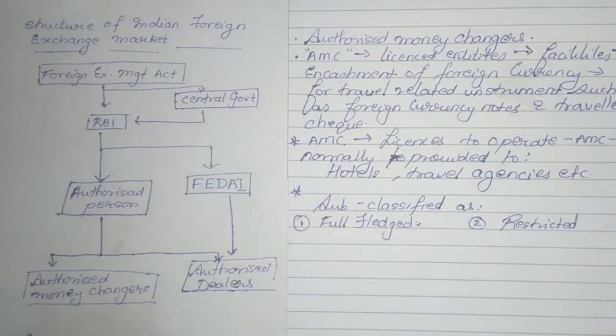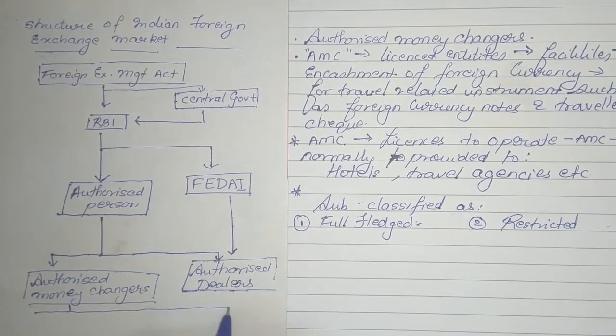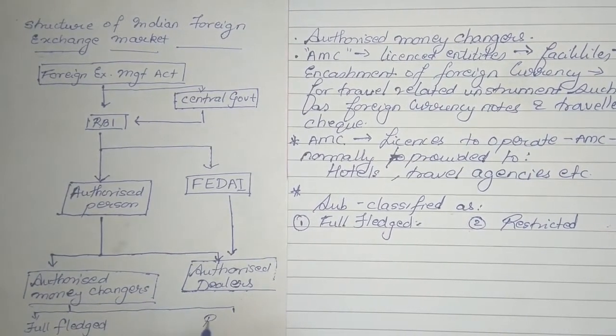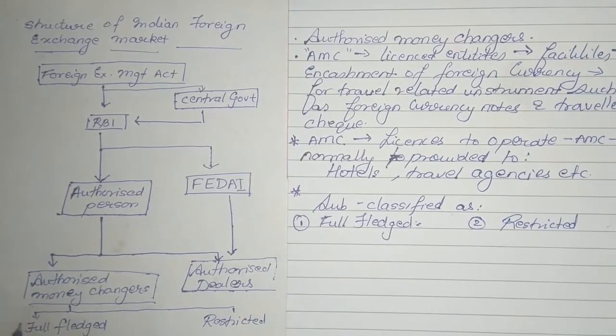So in our diagram we can finish up by stating that authorized money changers are subdivided into two parts: one as full-fledged money changers, and second is the restricted money changer.